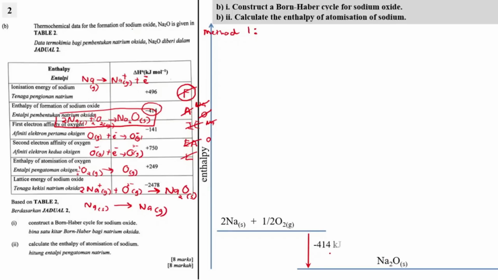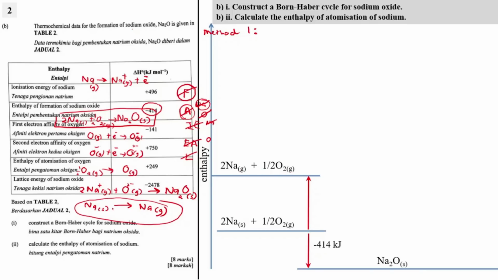So you're going to put down the value of negative 414 kilojoule. Okay, next you're going to do the atomization. So atomization of Na. You're going to look into the atomization of Na, which is below here. So 2Na will produce 2Na gas plus half oxygen gas.